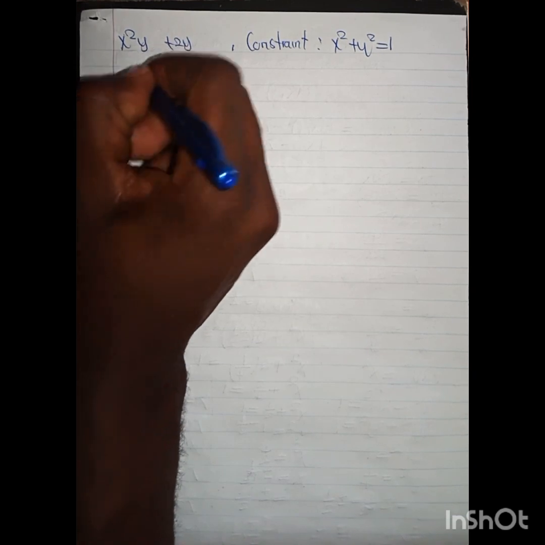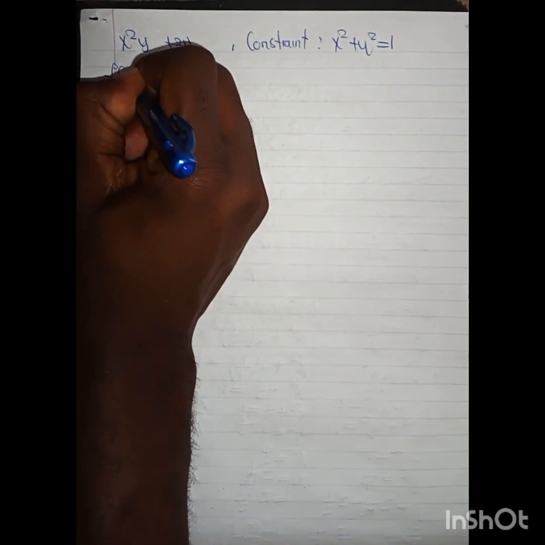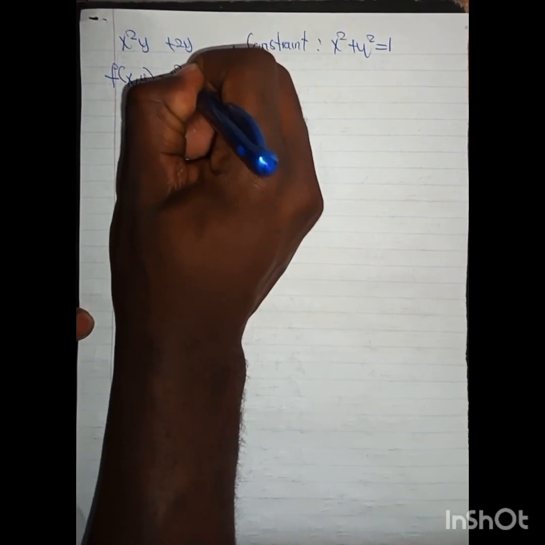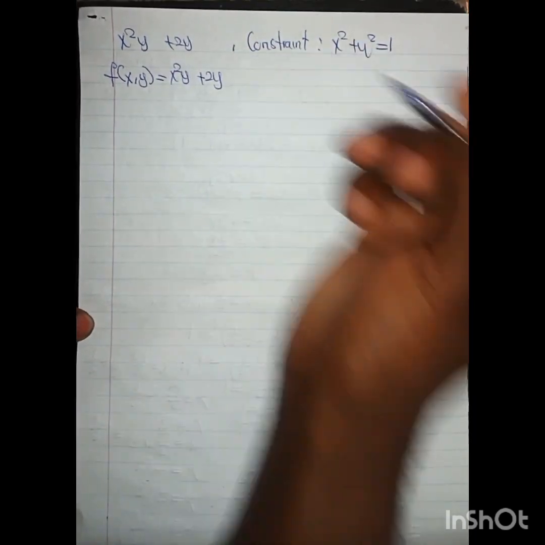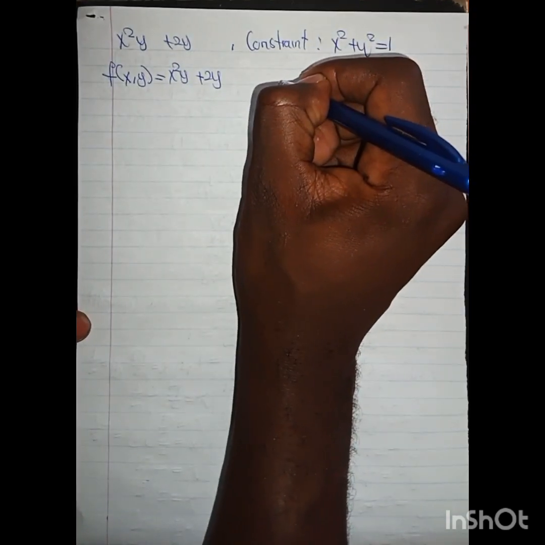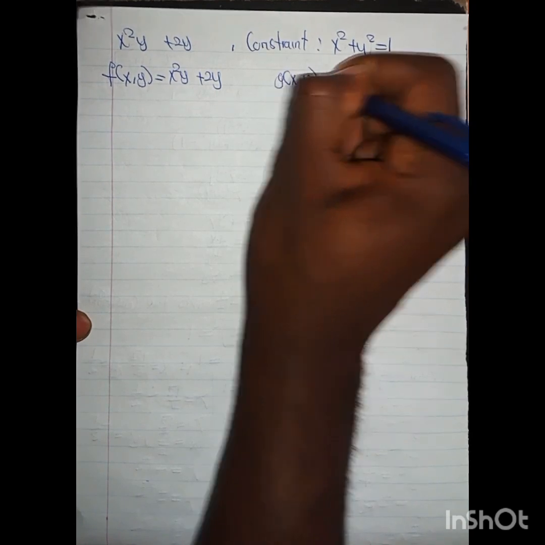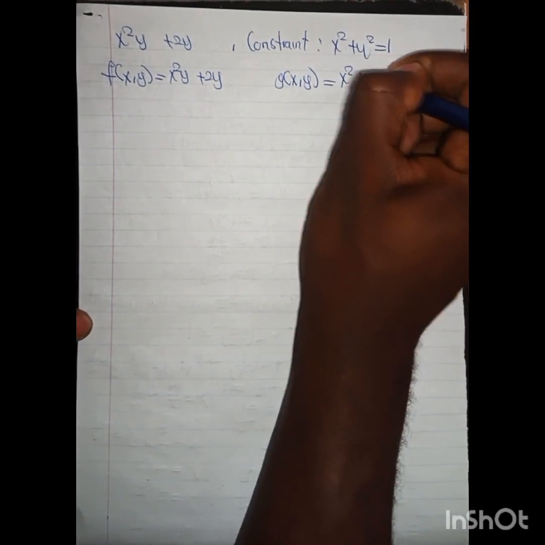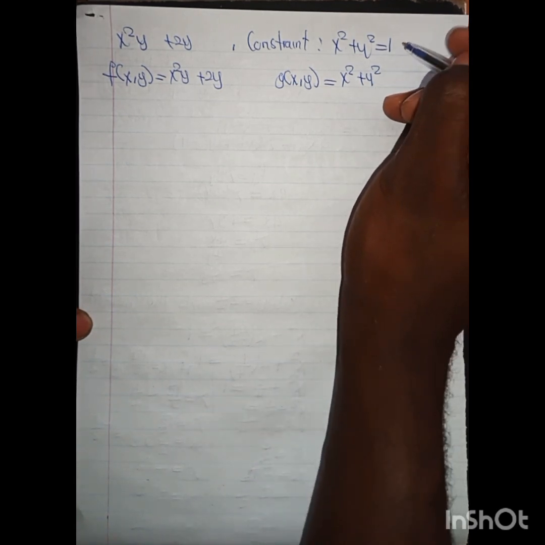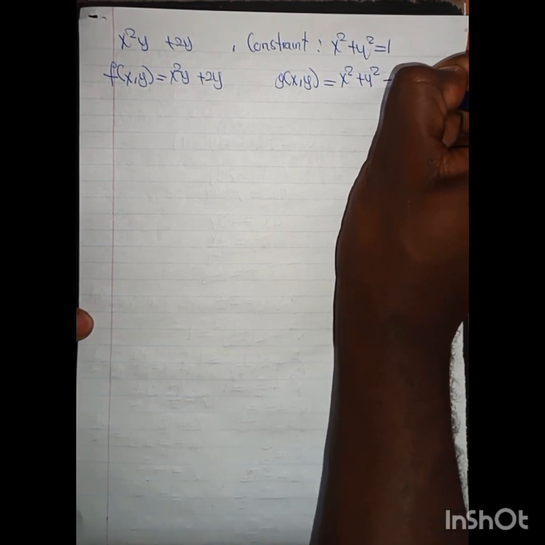So first we have said that we have to identify the first equation as our function f. Then this is x squared y plus 2y, and then the constraint, you can call it g or any function. So I will call it g. This is x squared plus y squared. I take positive 1 from the right to the left, it becomes negative 1.